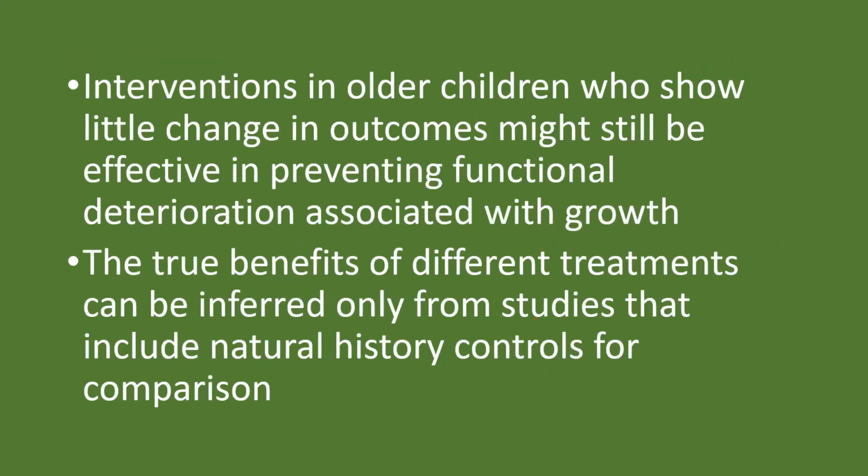Interventions in older children who show little change in outcomes might still be effective in preventing functional deterioration associated with growth. The true benefits of different treatments can be inferred only from studies that include natural history controls for comparison.